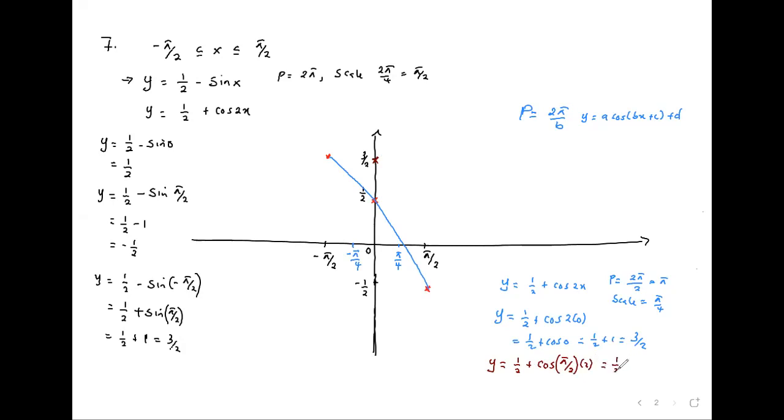So you get half plus cos pi. Now cos pi is 0. Cos 180 is negative 1, not 0. Yeah, so 180 is negative 1. So we get half minus 1, which is negative half. So at the point there, negative half.